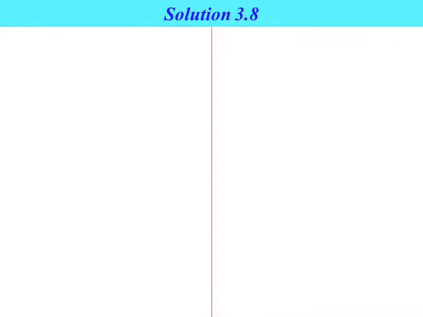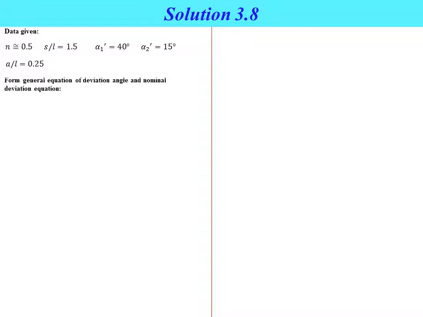Okay, solution for example 3.8. The data given are n equal to 0.5, s over l equal to 1.5, alpha 1 prime equal to 40 degrees, alpha 2 prime equal to 15 degrees, and the last one, a over l equal to 0.25.